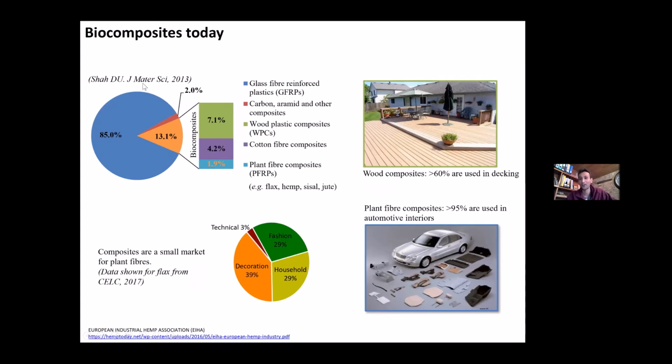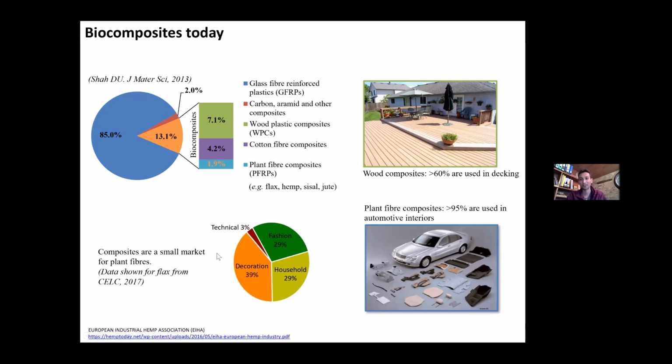If you look at the composite sector in Europe, in the EU, the biocomposite sector is significantly larger than the carbon fiber composite sector. I think it's, in terms of volume, 7 times larger or so. And yet we hear more about carbon fiber composites than bio-based composites.